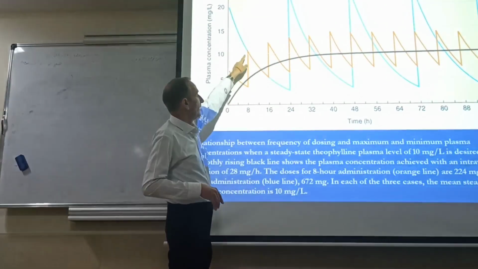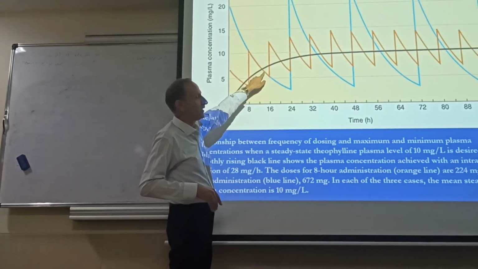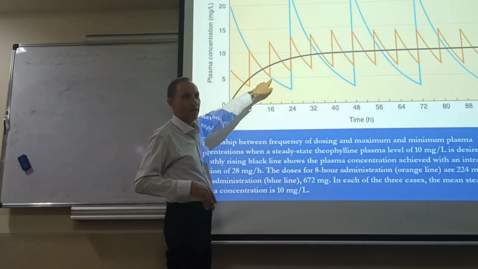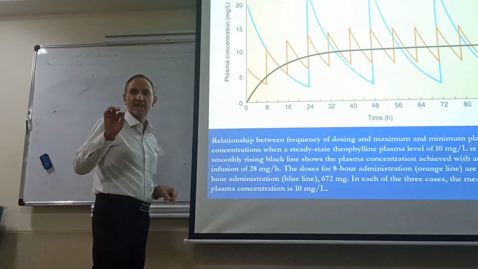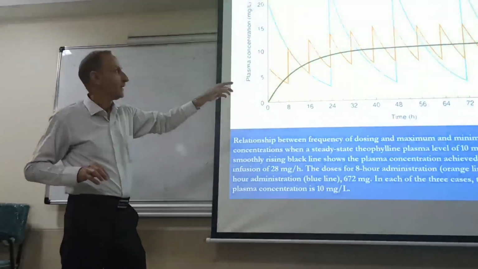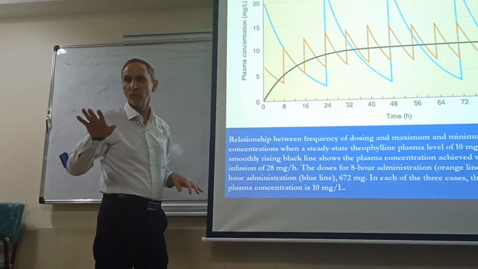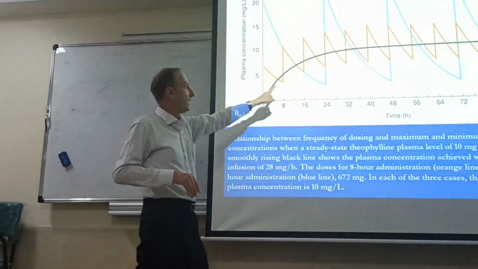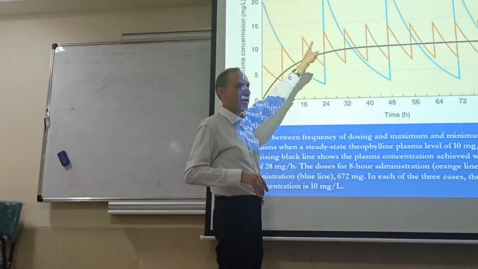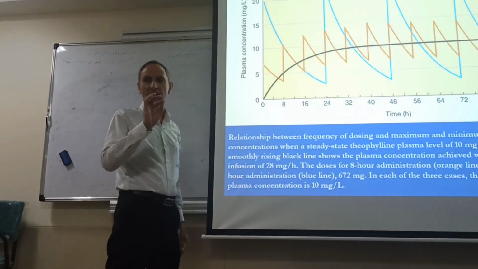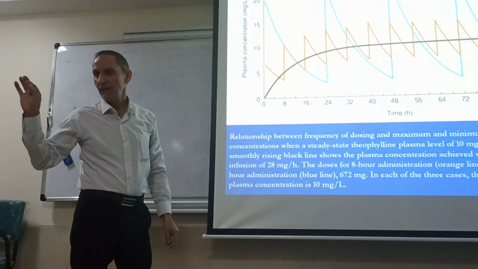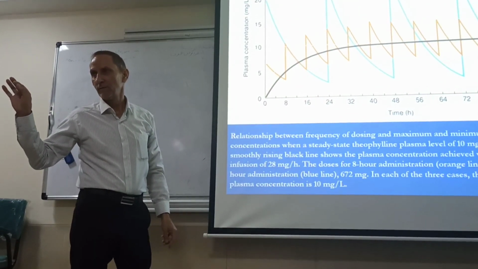And then, little by little, we have clearance of the drug and we have a trough. We say maximum here and trough, minimum concentration. And we continue administration of the drug at 8-hour intervals.